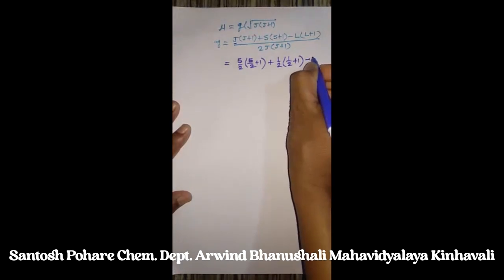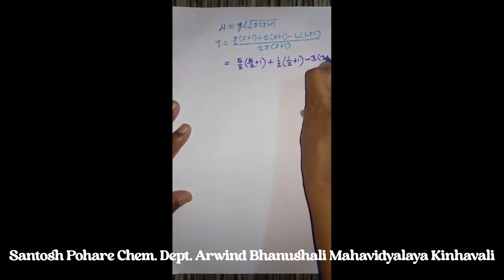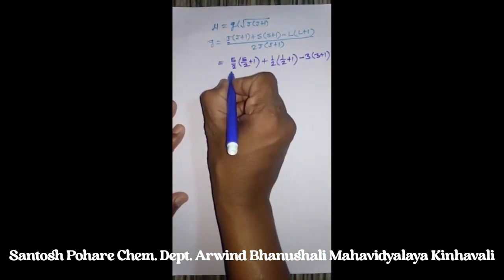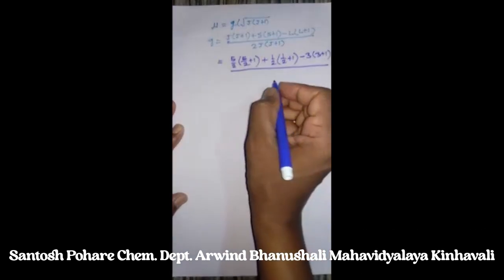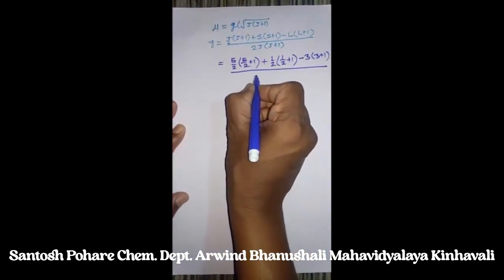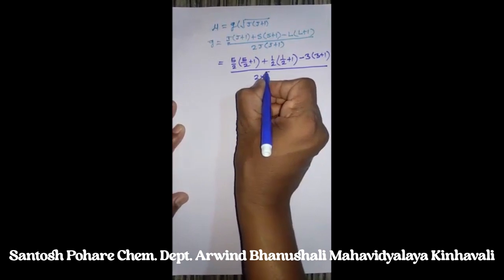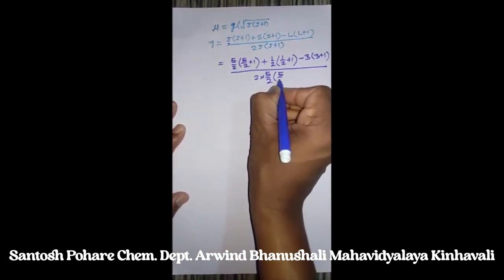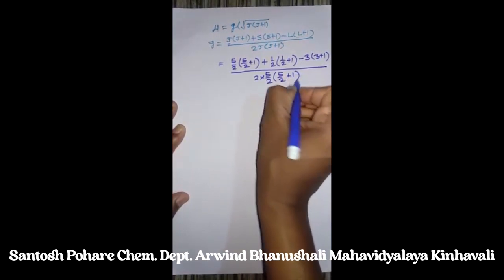L value is 3 into 3 plus 1, right? So divided by 2 into, what is the value of J? That is 5 by 2 into 5 by 2 plus 1.